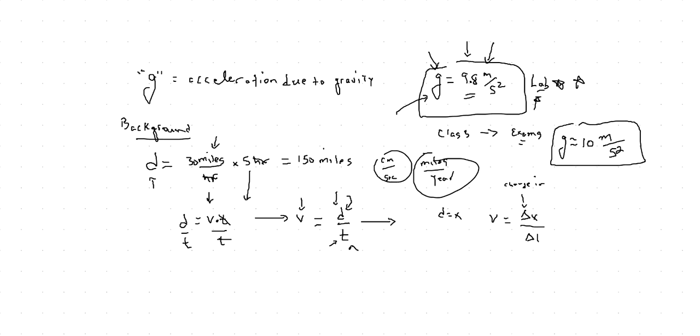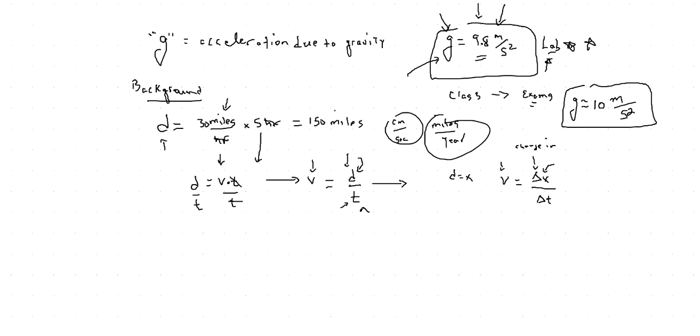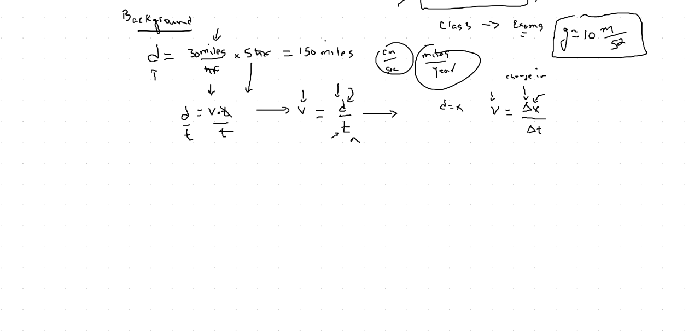If delta x, if you don't change your distance, then your speed or velocity is zero, okay? Very simple. Okay, so let's go back to here and say d equals vt. Now we're going to use meters. Distance, we're going to be using meters.